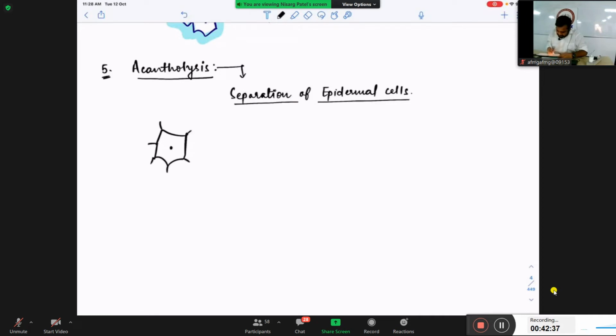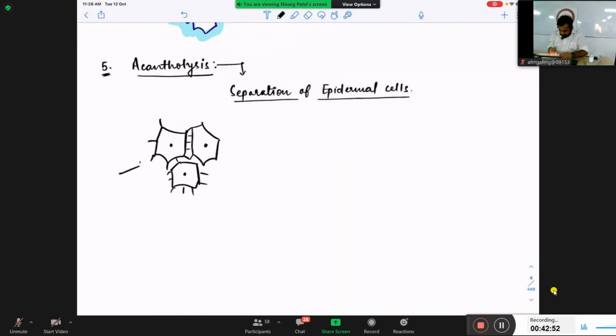So why is there a separation of the epidermal cell? In pemphigus vulgaris or any disease which produces antibody against the desmosome. When they rupture this desmosome, what will happen?